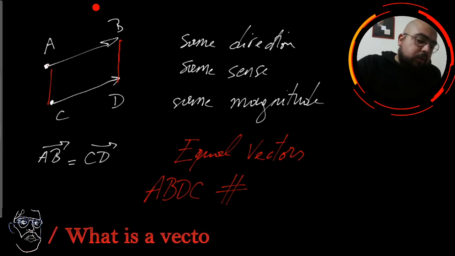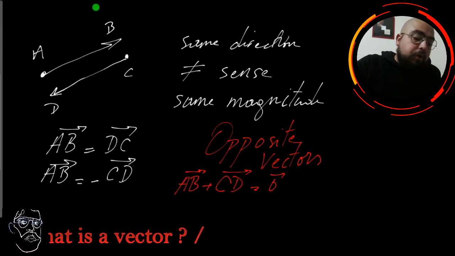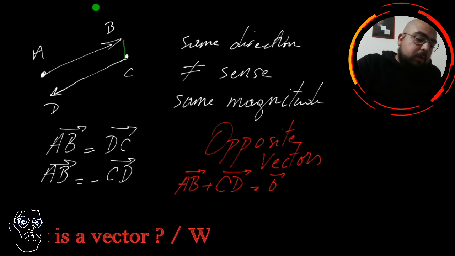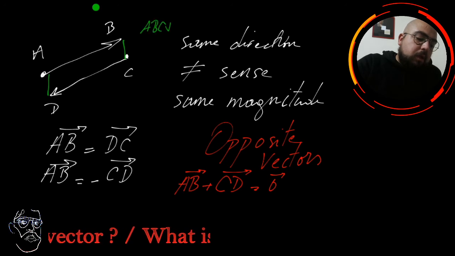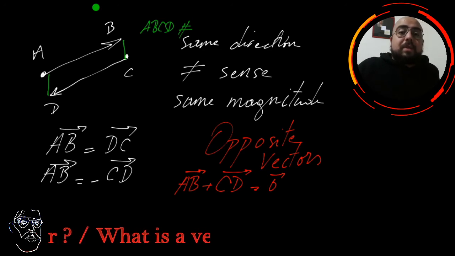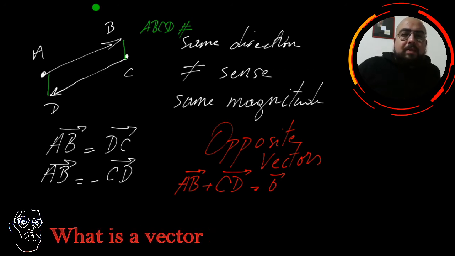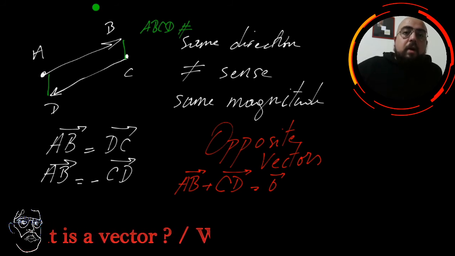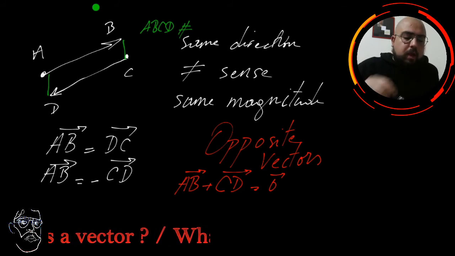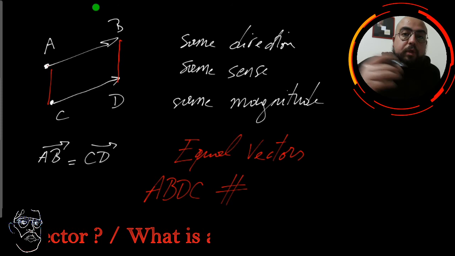Even in the case where I had opposite vectors, if I talk about the quadrilateral ABCD, I will be saying that ABCD is actually a parallelogram again. Opposite means same direction, same magnitude, simply the orientation is different. So since you have same direction and same magnitude, it means that you have two sides which are parallel and equal, so you will have a parallelogram. All right, so these were the different positions between two vectors.